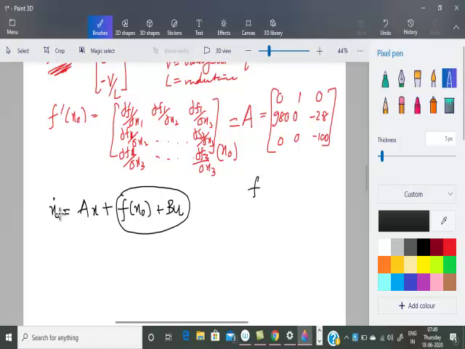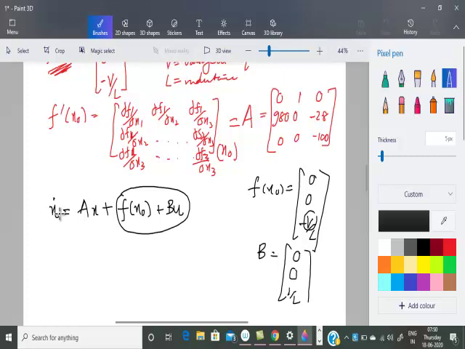Please remember that fx0 is nothing but 0, 0, minus v by L, where v is the voltage at equilibrium, right? And b is nothing but 0, 0, 1 by L, and u is the applied voltage, right?